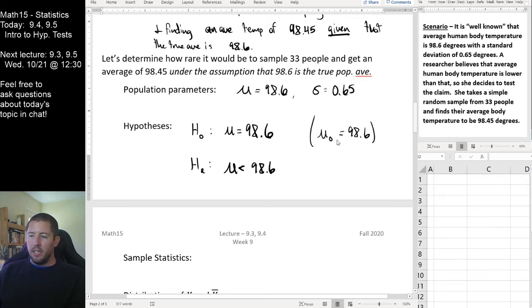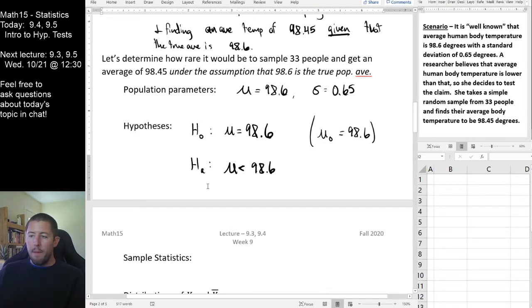So I'm distinguishing this by saying, according to the null hypothesis, true average body temperature is 98.6 degrees. But we're arguing maybe against that here. I don't want to keep making statements that sound like true average body temperature is 98.6. We might find that that's not true at the end. So if I ever put a subscript of 0 on one of our population parameters, that's me saying that's what the null hypothesis claims is the truth.